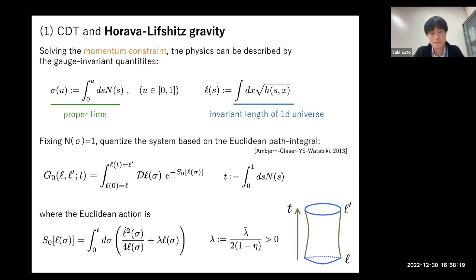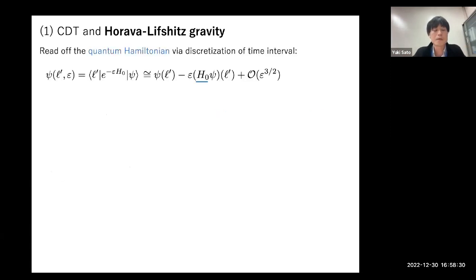So what I wish to do is, from this path integral, read off the quantum Hamiltonian. Usually, to do that, we discretize the time step. Let me show you how to do it. Let's consider a function psi defined by this. This psi is some state.